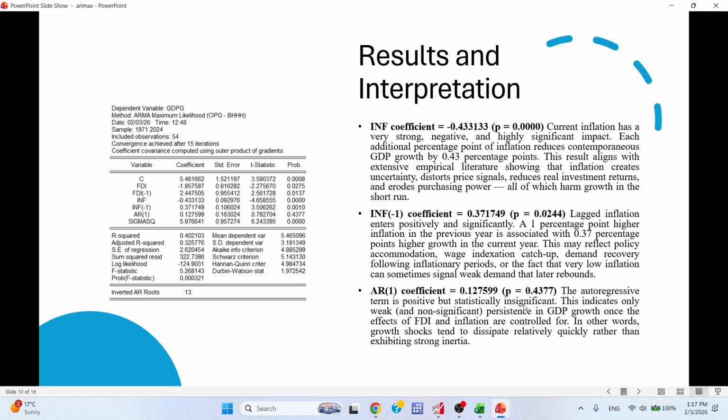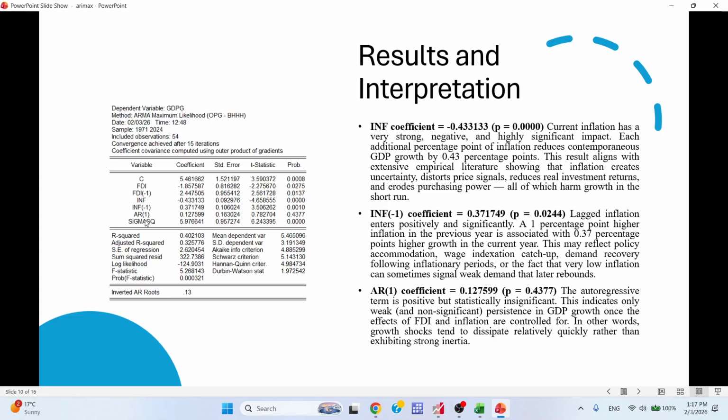This indicates only weak and non-significant persistence in GDP growth once the effects of FDI and inflation are controlled for. In other words, growth shocks tend to dissipate relatively quickly rather than exhibiting strong inertia.